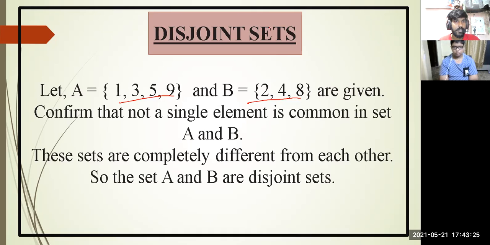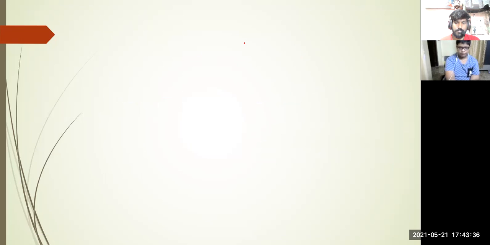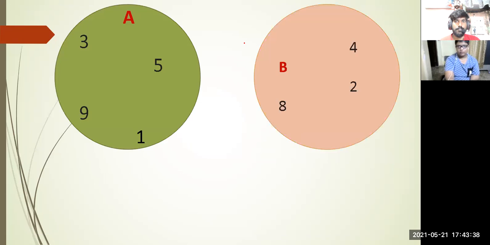Is this clear? Disjoint sets? Yes, nothing in common. Yes, sir. So if you draw the Venn diagram, disjoint sets will look like two separate, completely different sets.